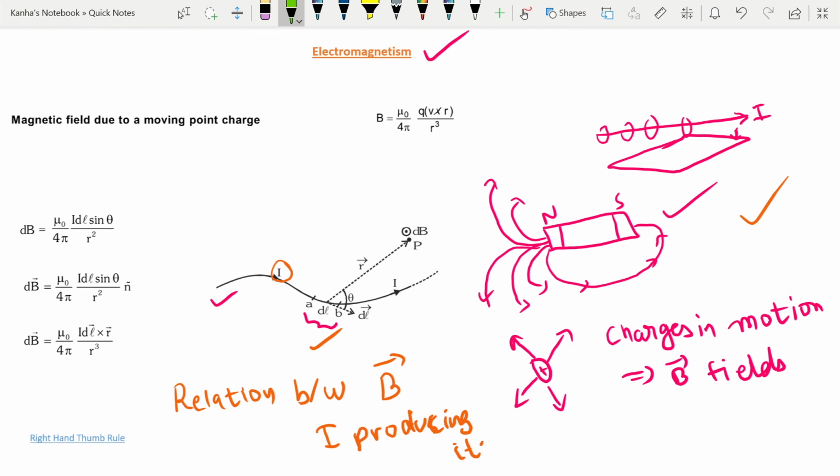The first result that I must give you is dB equals mu naught by 4 pi into I dl sine theta by r square.